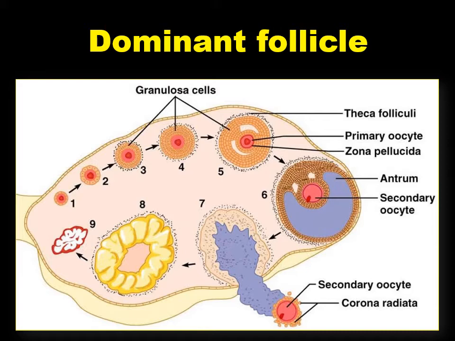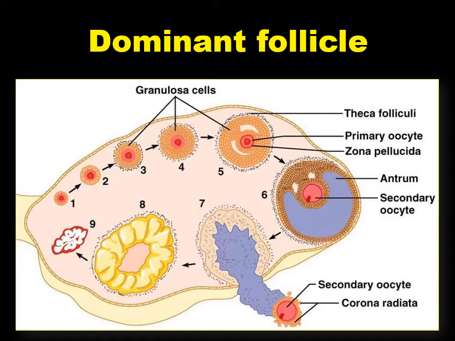LH also is present at this level, and LH will stimulate the theca cells to convert cholesterol to androgens that seep through to the granulosa cells, and under the effect of estrogen, this androgen will be converted to estrogen, which is the two-cell, two-hormone theory.